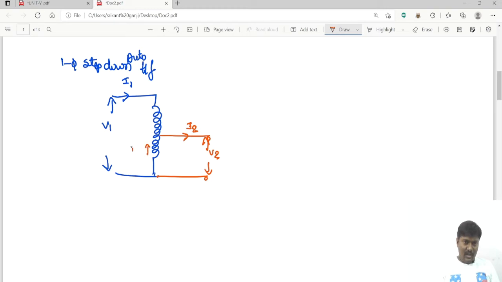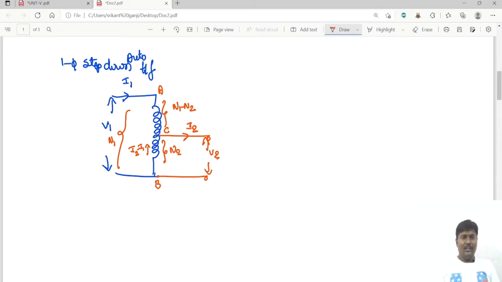Now I2 minus I1 is in the upward direction. The total number of turns will be N1 and the secondary number of turns will be N2. This part is now N1 minus N2. Let us say A, B, C. The AC section has N1 minus N2 turns.